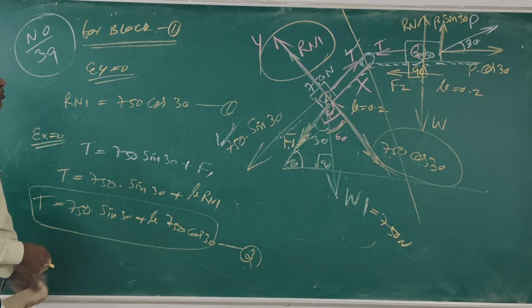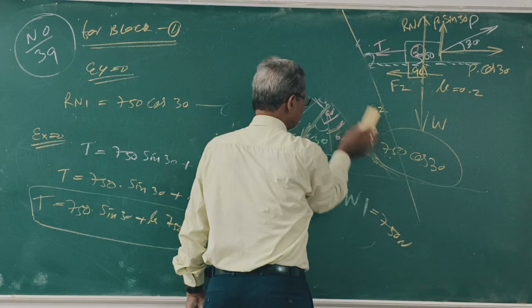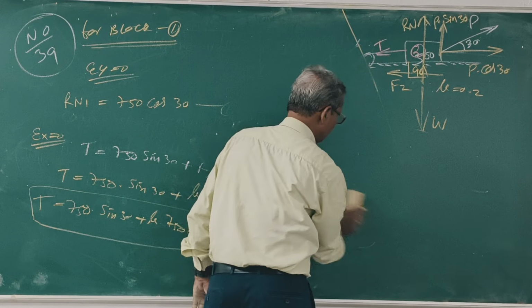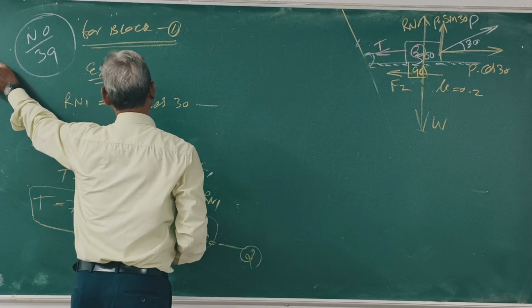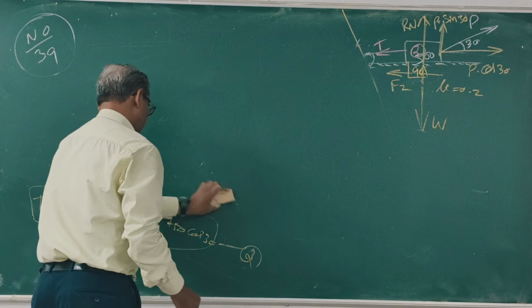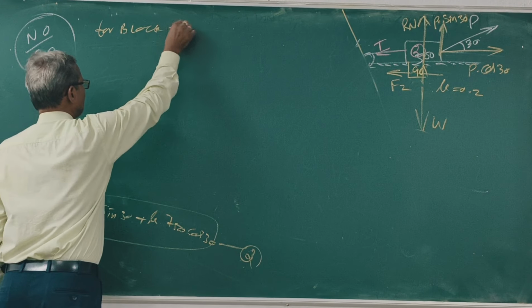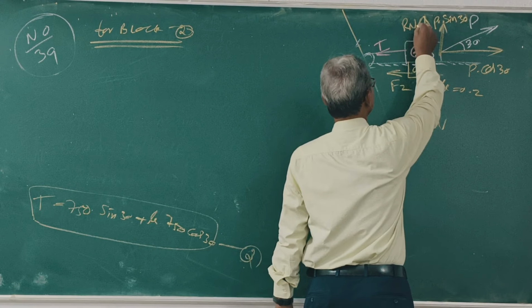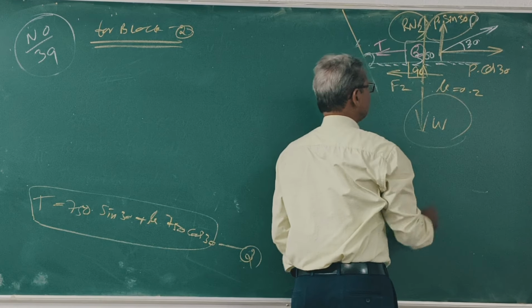For block 2, Rn2 plus P sin theta is equal to W2, what is W2? 500 Newton.